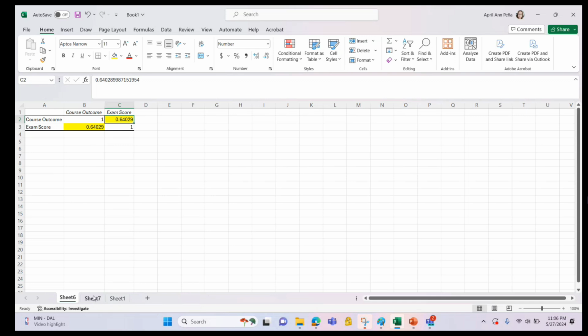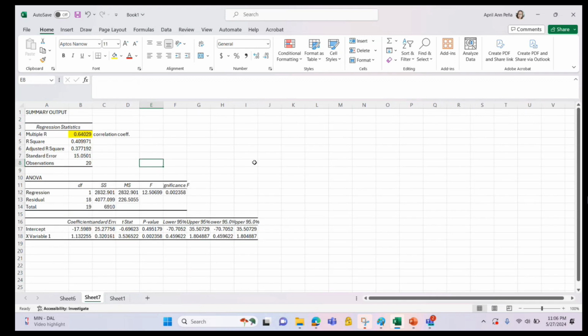It means that when you do the linear regression analysis, automatically you'll also have the correlation coefficient, for the reason that in order for us to make an interpretation based on the result of the regression, we need first to know if there is a relationship between the variables or none.